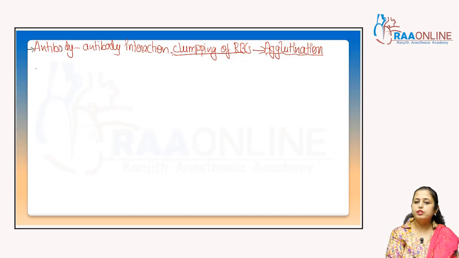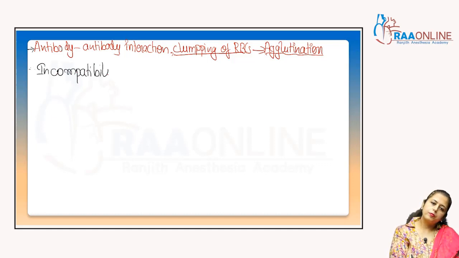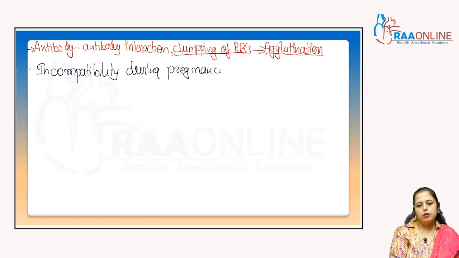Due to this, hemolytic disease of the newborn baby will occur. If the mother's blood group is A and the fetal blood group is B, then sometimes the mother's plasma attacks the fetal RBCs, since antibody B is present in the mother's plasma.